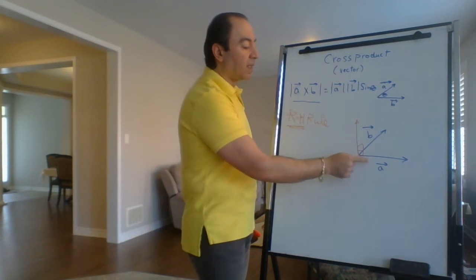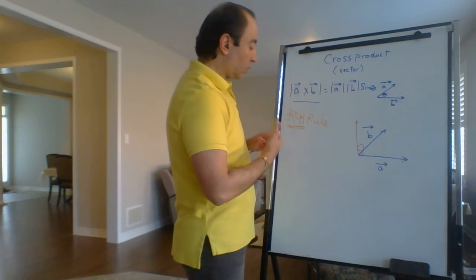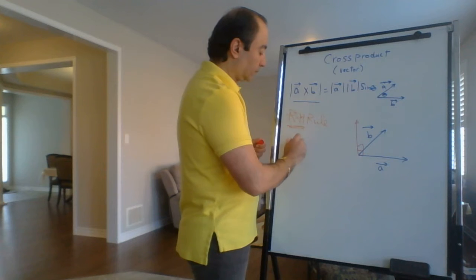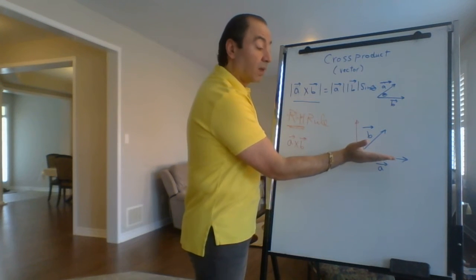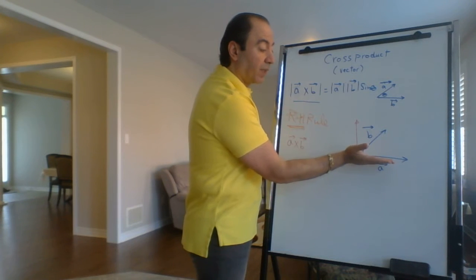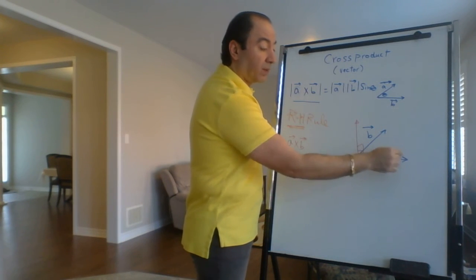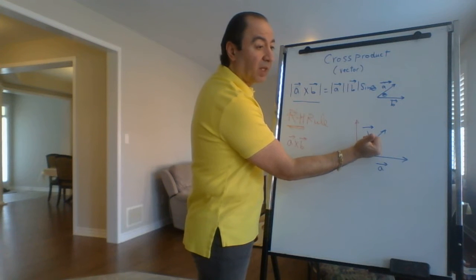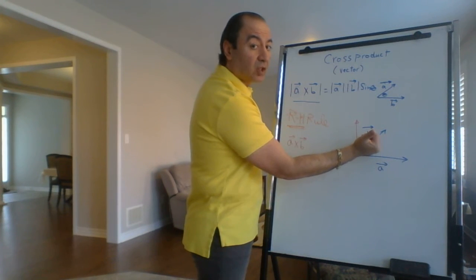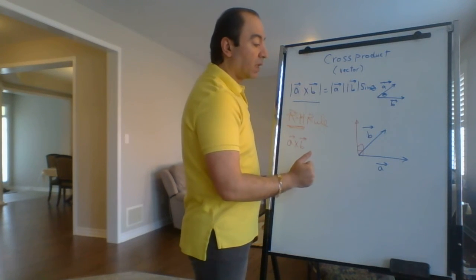So let's say that I'm doing A cross product B. I'll put my right hand in the direction of vector A, so my fingers go with the arrow. Then I will curl my fingers towards the second vector B, and my thumb will be the direction of the cross product vector. So my thumb is here.